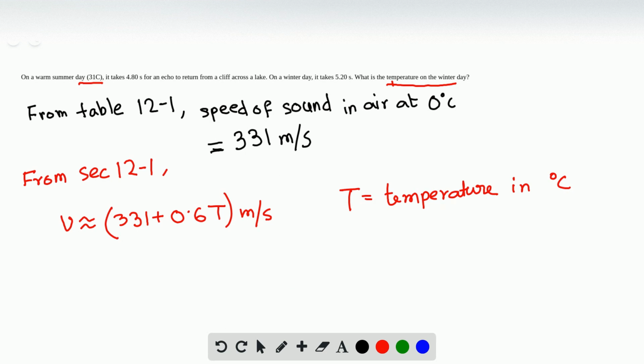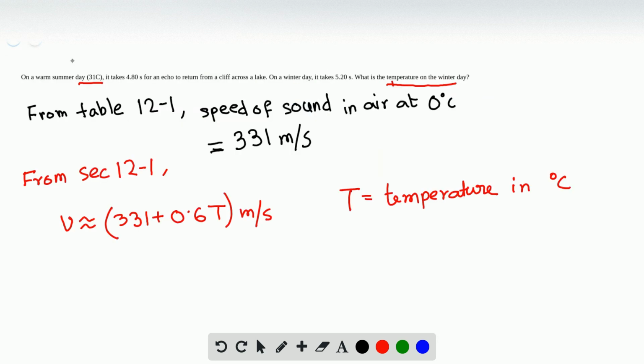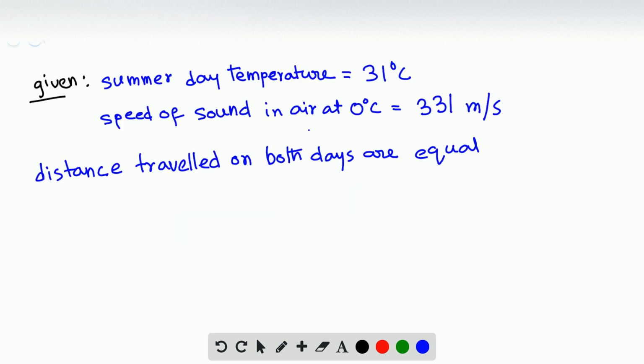Now, we are given two things. One is the summer day temperature, which is 31 degrees Celsius, and the other is the speed of sound in air at 0 degrees Celsius, which is 331 meters per second. Also, we know the time, right?